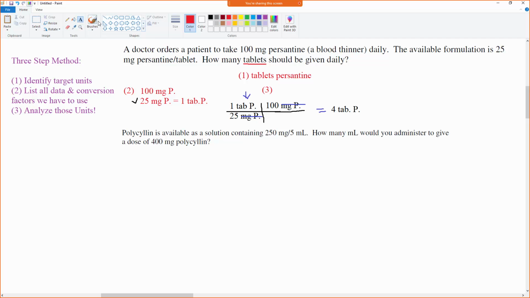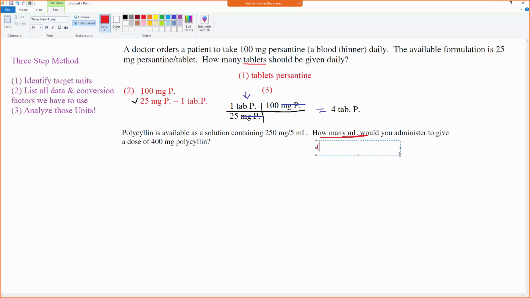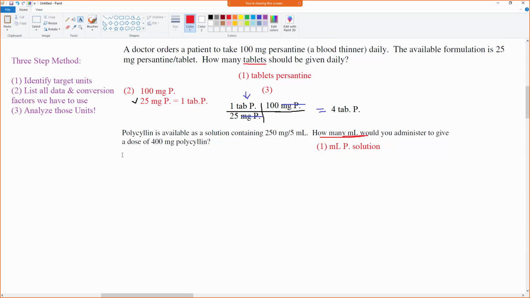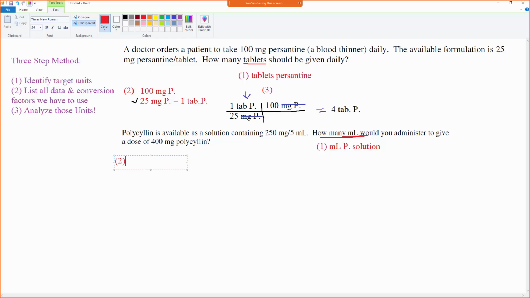Perfect. Ooh, you guys are picking this up. Milliliters. How many milliliters? Yeah, milliliters of the polysilane solution. Okay. All right. Number 2, what kind of data do they give us here?